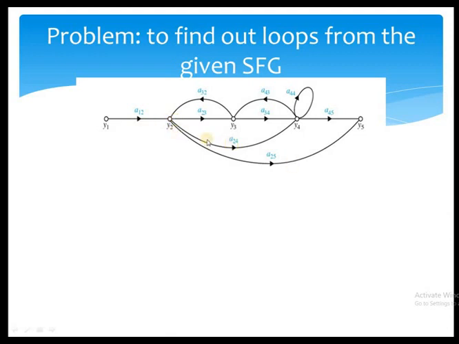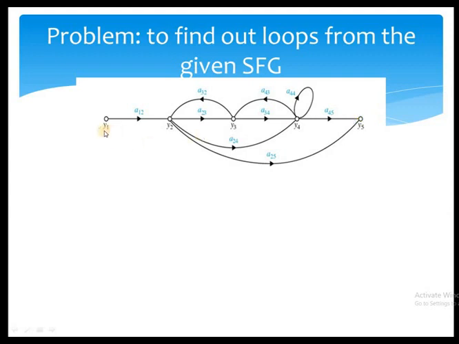We have 2 deviations here. At Y2 we have A24 and it reaches Y4 and reaches Y5. And the next one is from Y2 to Y5, directly we have A25 again. So we have 3 forward paths in this SFG. The first is Y1, Y2, Y3, Y4, Y5, straight. The next one is Y1, Y2, Y4 through A24 gain and reaches Y5, the second forward path.